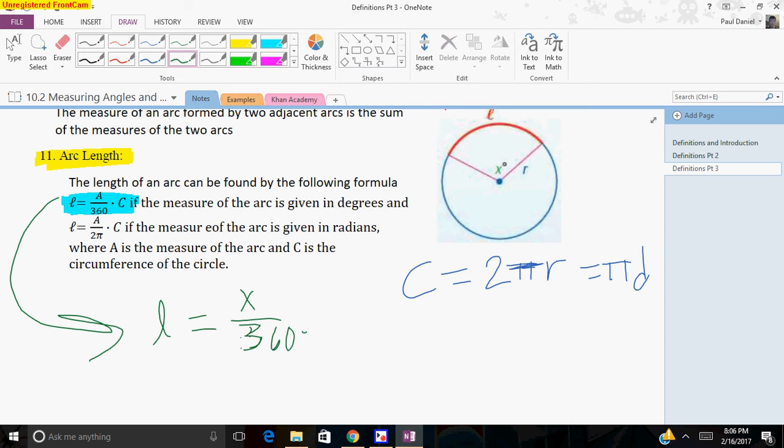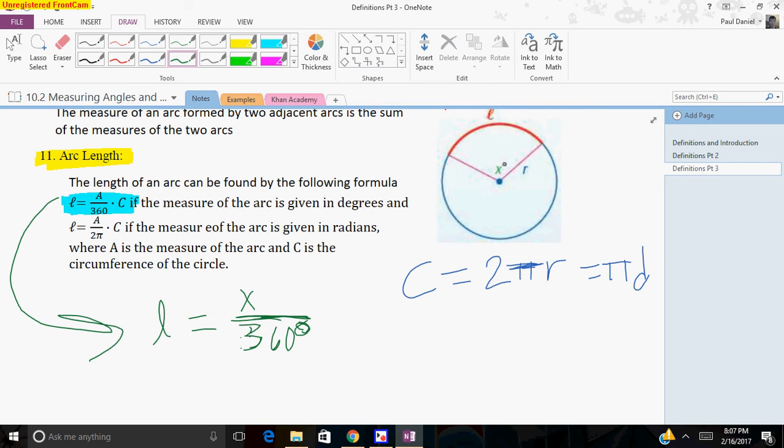What that's going to tell me is what percentage, basically, of the circle I have completed. For example, if that angle is 120 degrees, then I'll have gone a third of the way through my circle. So it would make sense that the length I'm getting is going to be a third of the circumference if my angle is a third of the circle's angles.